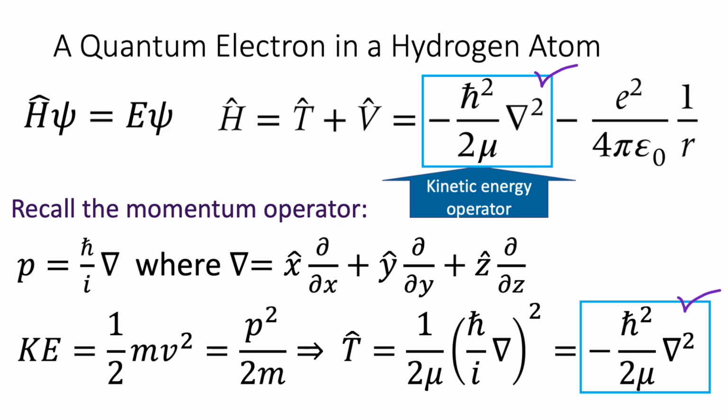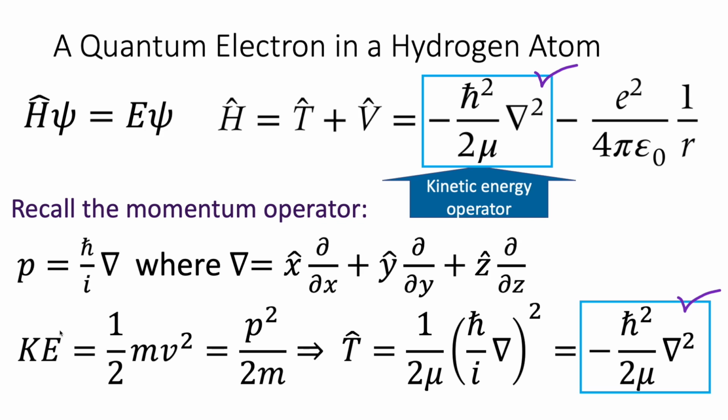So now we can express this. This momentum operator has to be multiplied by itself, and so then this is what we end up with. All right, so this p squared over 2m is going to have that same form in our Hamiltonian, referring to the kinetic energy. So remember, we're working with a reduced mass.